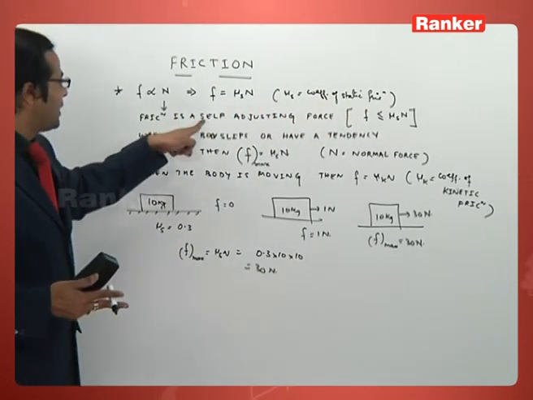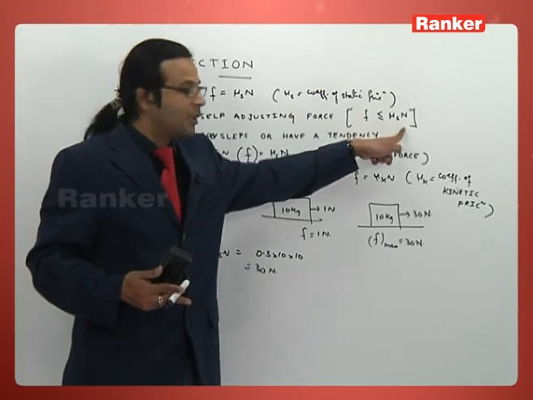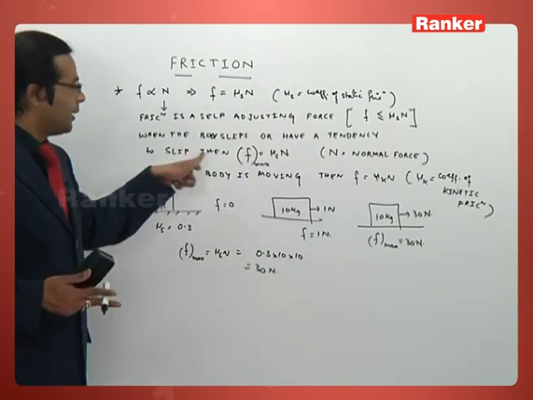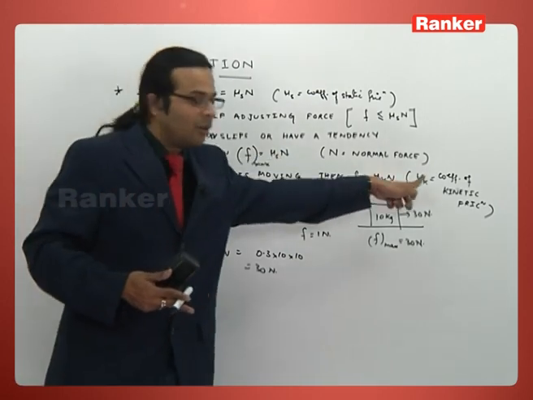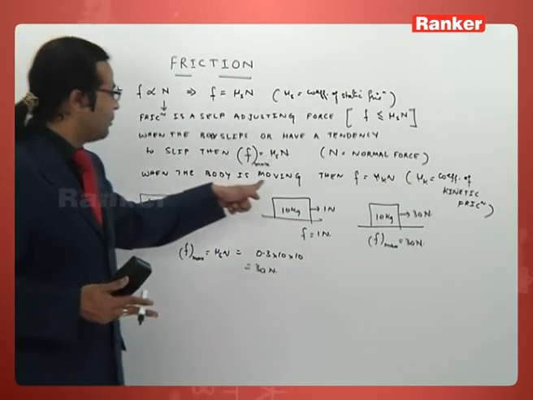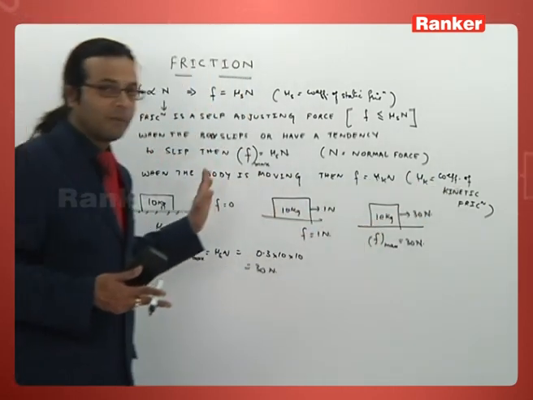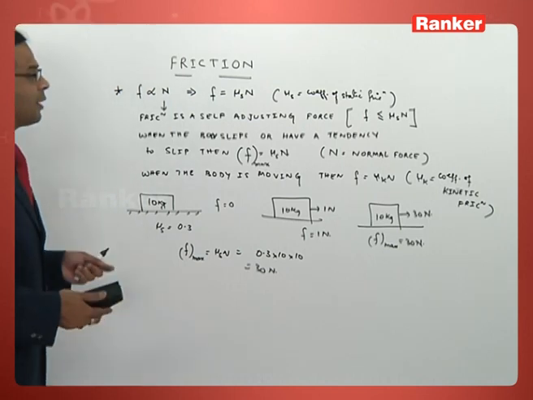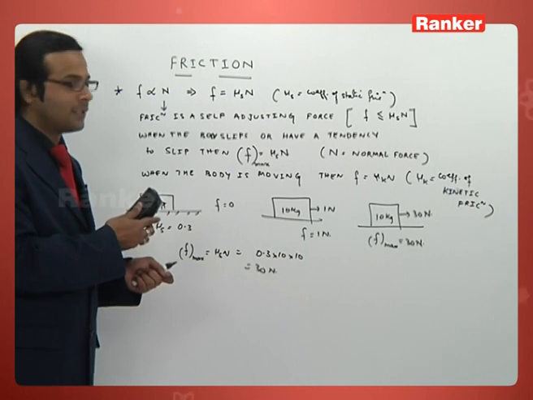We take friction as a self-adjusting force, that means F is less than or equal to mu s into N. When the body slips or has a tendency to slip, the frictional force is maximum, mu s into N, where N is the normal force. When the body is moving, F is equal to mu k into N, where mu k is the coefficient of kinetic friction. These are the basic examples I have taken, and friction always makes an action and reaction pair, which I discussed earlier.